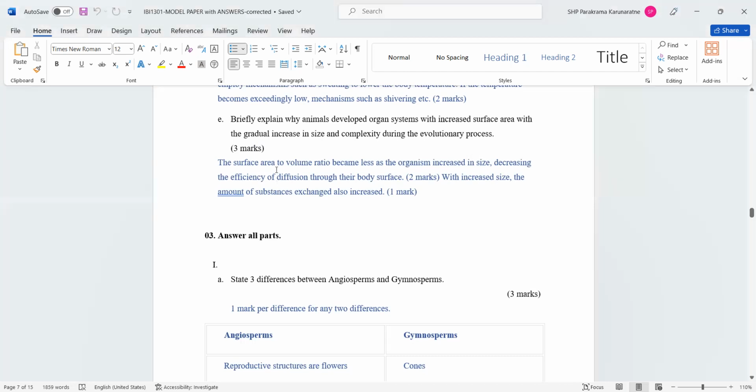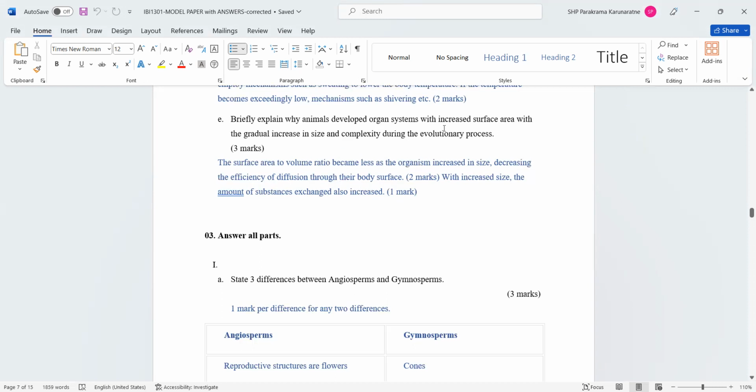Okay, the surface area to volume ratio becomes less as the organism increases in size, because the volume increases in r to the power 3, and surface area increases in r to the power 2, right? The efficiency of diffusion through the body surface is decreased. Therefore, with the increased size, the amount of substance exchange also increases.